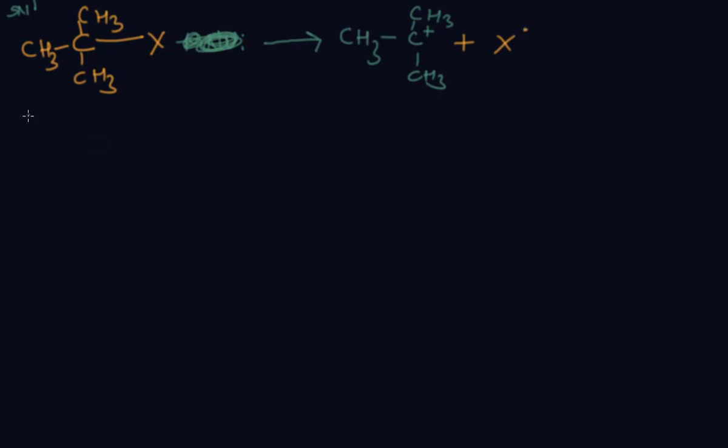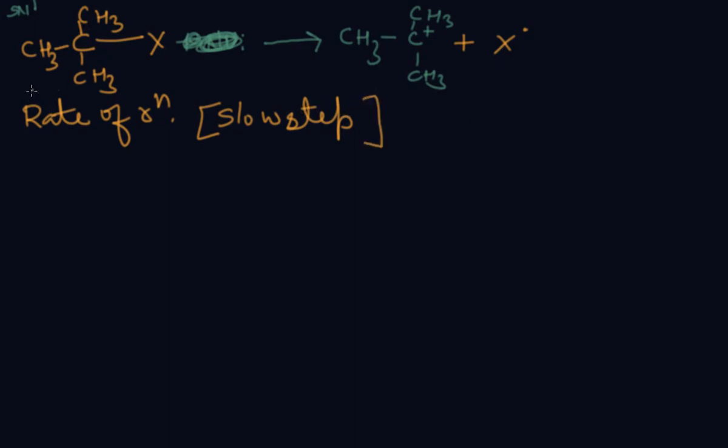Now the rate of reaction depends on this step. This step is the slow step. Always take care, the rate determining step is the slow step. And in the slow step there is only alkyl halide on which the rate of reaction depends.